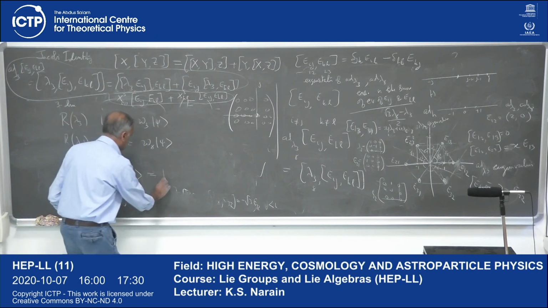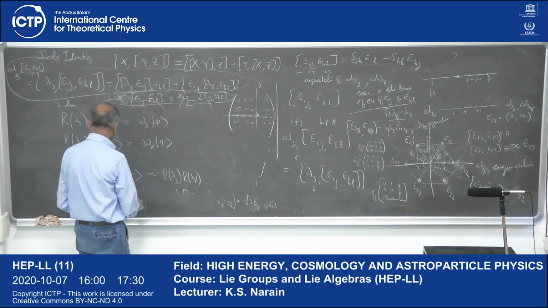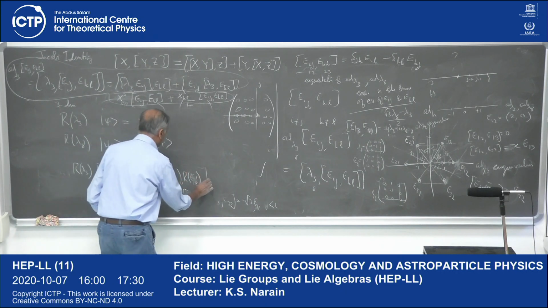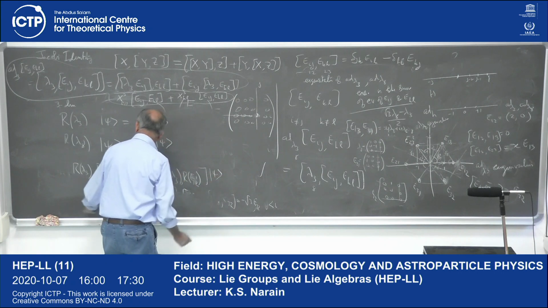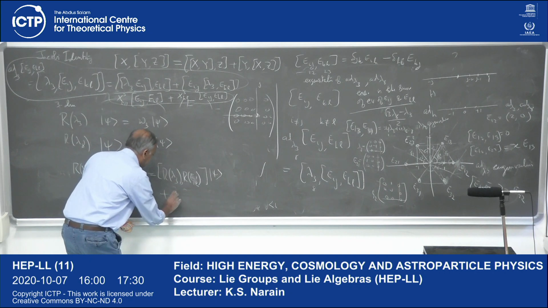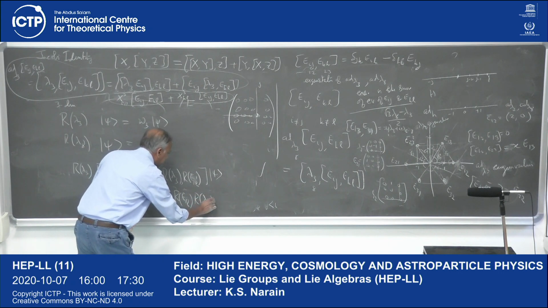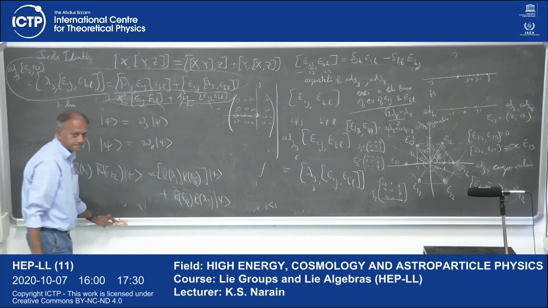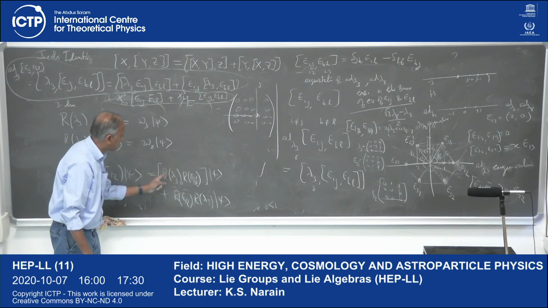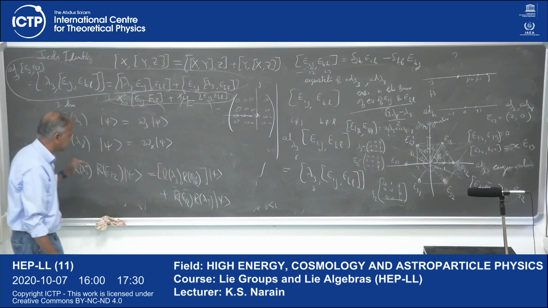So I write this as the commutator of R lambda 3 with R E12 acting on psi, plus R E12 R lambda 3 acting on psi. This is the same as R lambda 3 R E12 minus R E12 R lambda 3, so that minus term cancels with that. So this is the same as that.